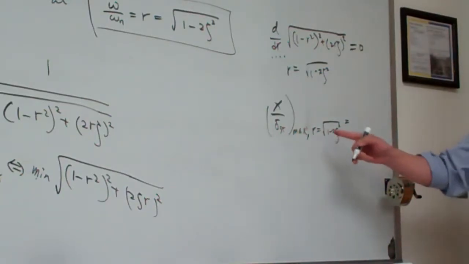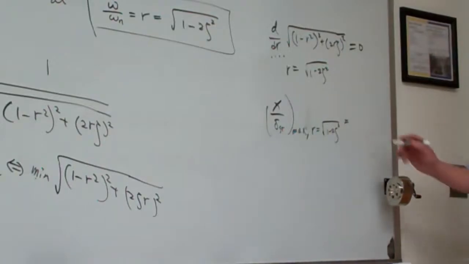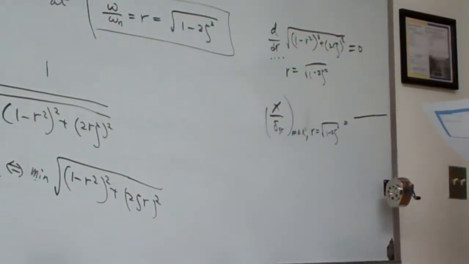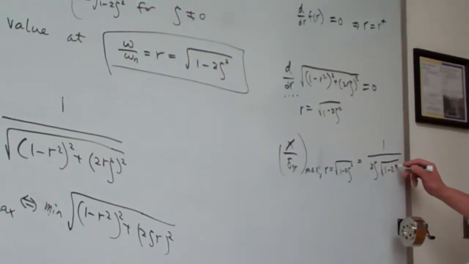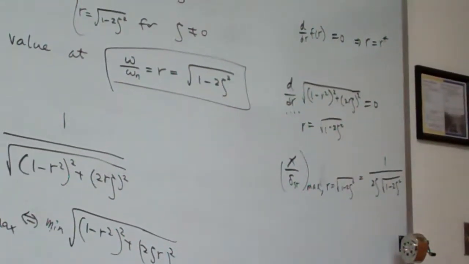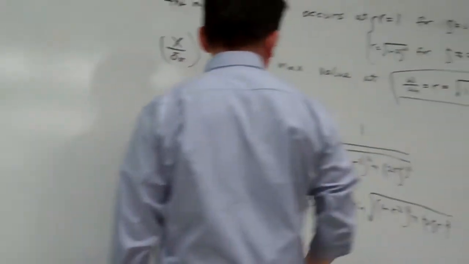You simply plug r equal to this value into that calculation, and you will get a number equal to 1 over 2 zeta times the square root of 1 minus 2 zeta squared. So from here we can tell the maximum value.